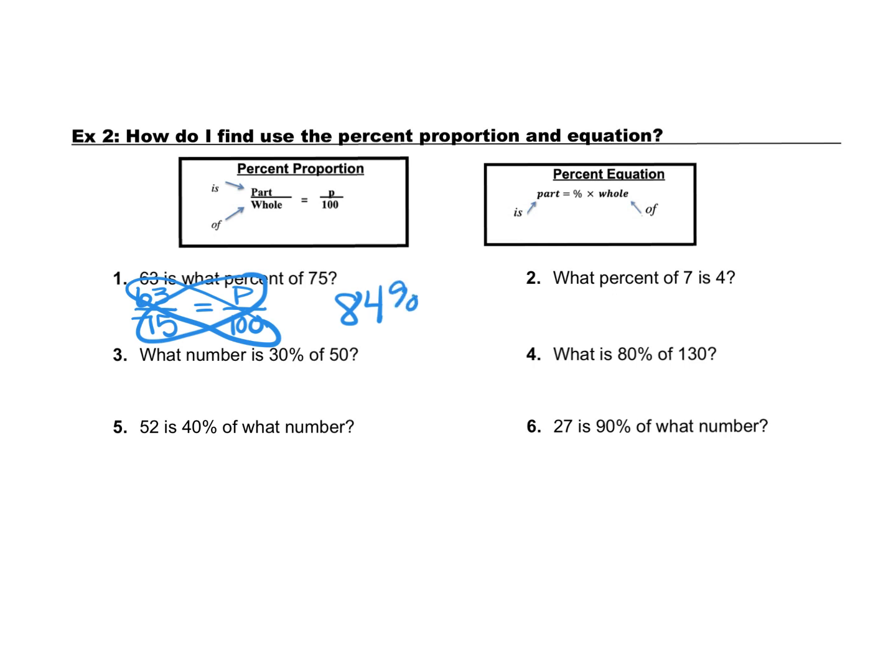All right, let's take a look at number 2. For number 2, it says, what percent of 7 is 4? So again, you're looking for the percent here, and you could set this up as a percent proportion, or you could look at it as the percent equation. So because you've got the "of 7," you know that the 7 is going to be the bottom number, and then the top number is going to be 4.